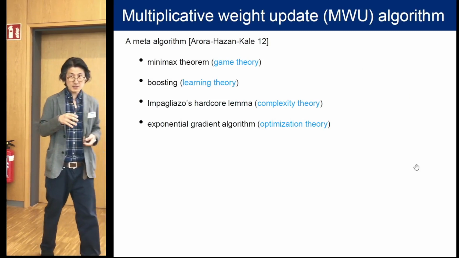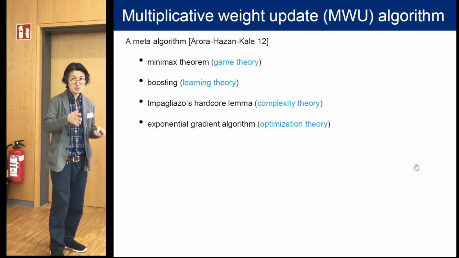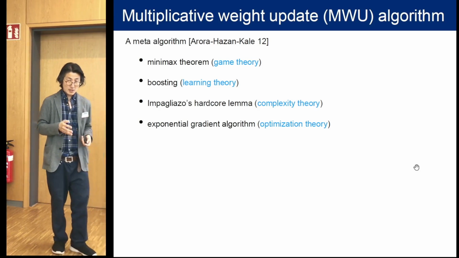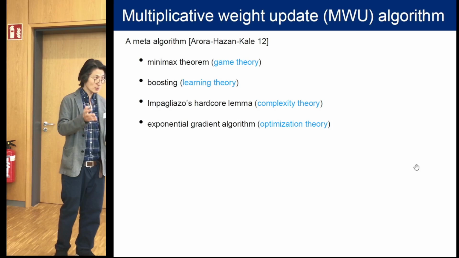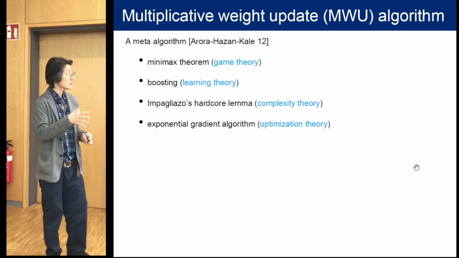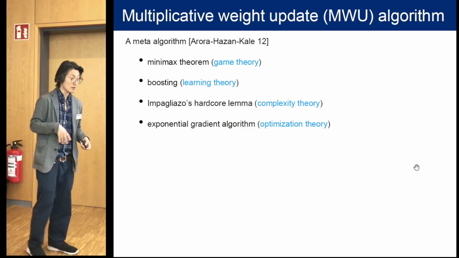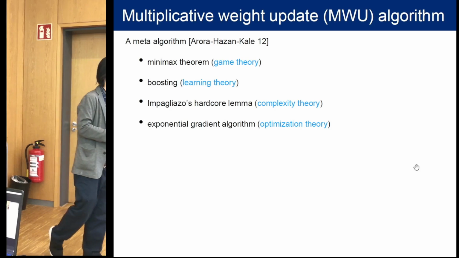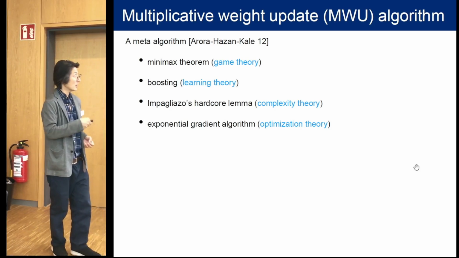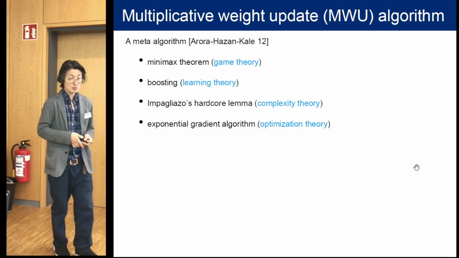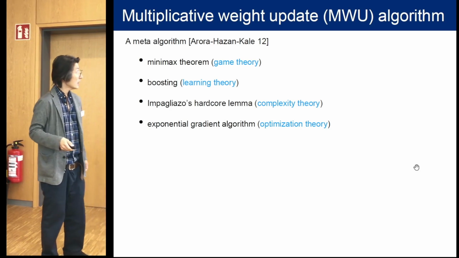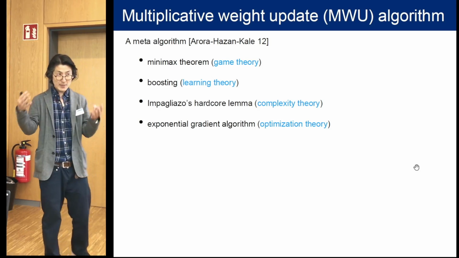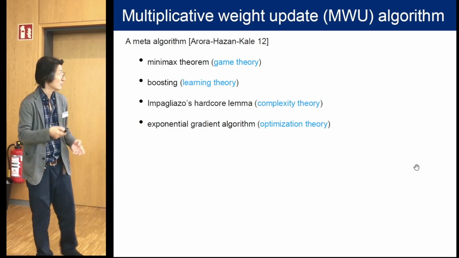Next, let me explain some background on the multiplicative weight update, MWU, algorithm. This algorithm is not well known in the information theory community. If you are working on learning theory, you may have heard about it. But this algorithm is quite well known in the theoretical computer science community. It is a kind of meta algorithm for various problems.